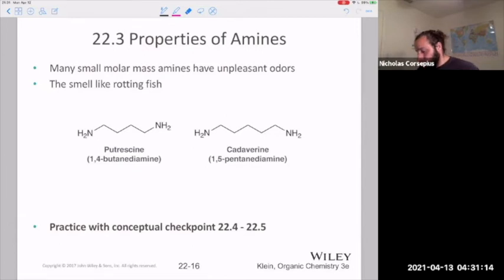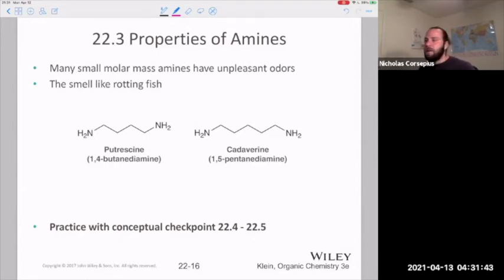The other interesting thing about why they bring this up is because a lot of these small molecular weight amines have very unpleasant smells. So when you go to a fish market and you're smelling that stinky fish smell, the molecules that are responsible for that are actually amines, right? This is interesting, but not necessarily the focus of organic chemistry, just something to kind of go back on.